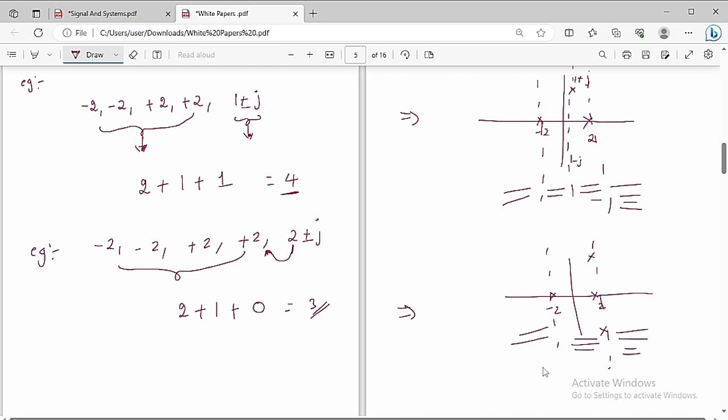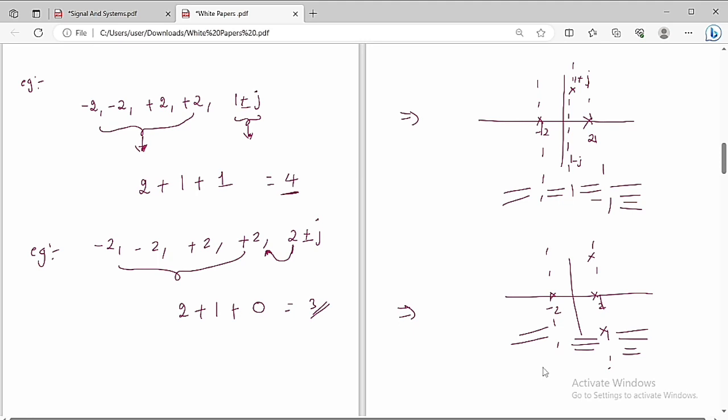Even if you forget the formula, if you draw this picture, from this we can say how many ROCs are possible. We can easily say just by drawing the picture.